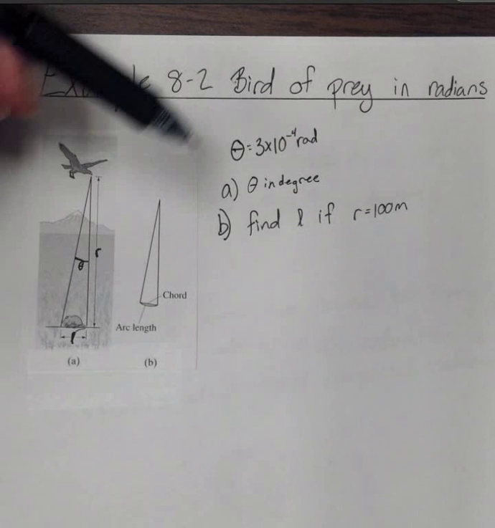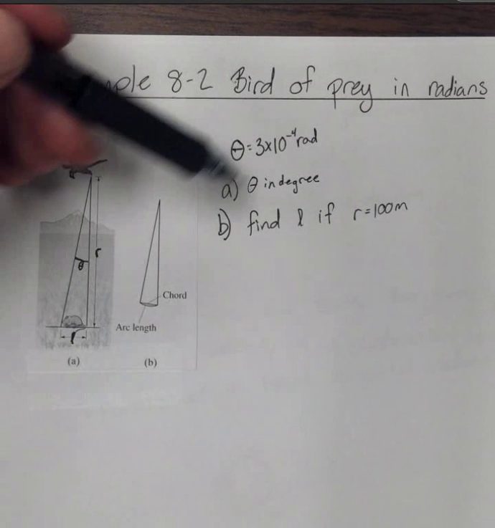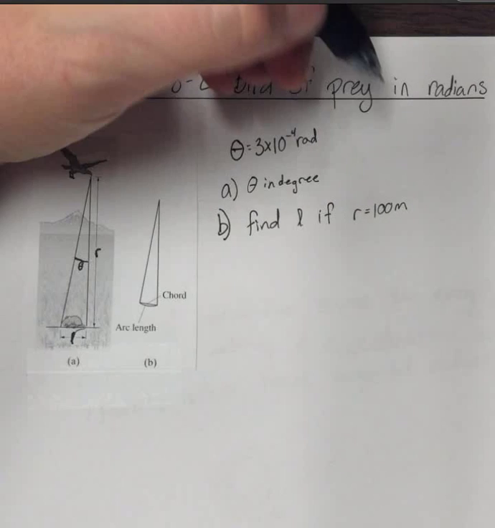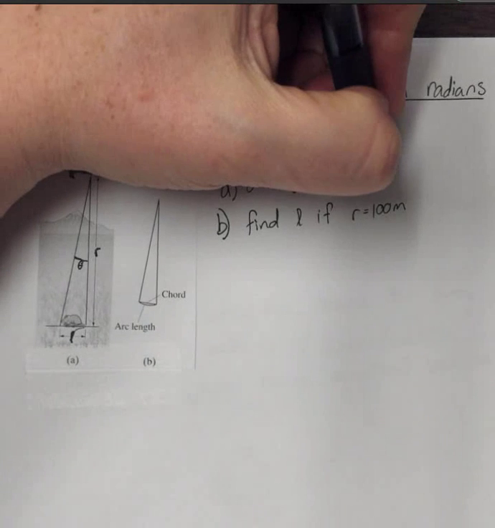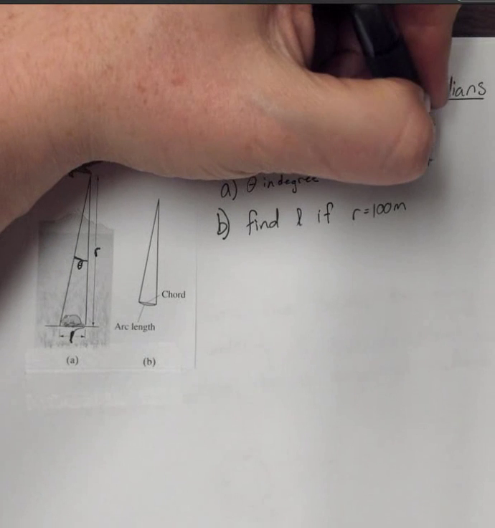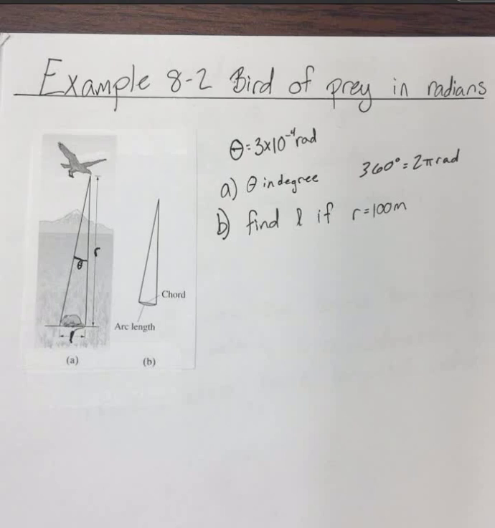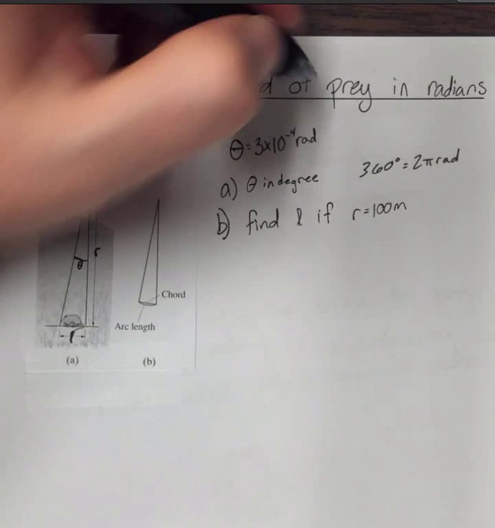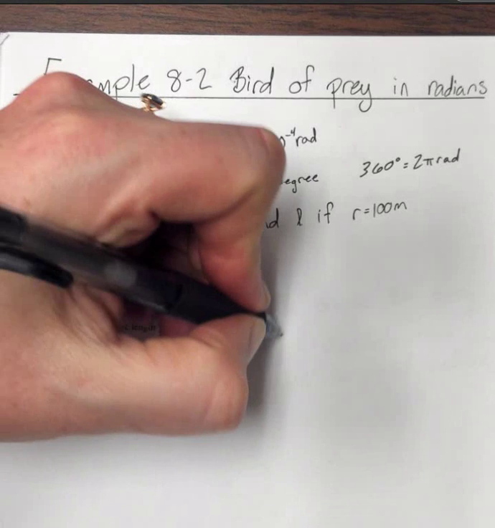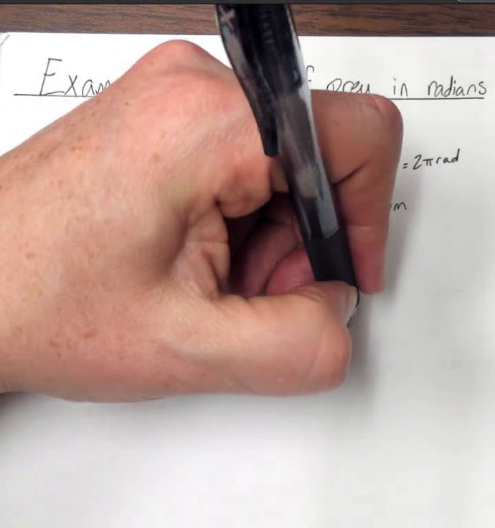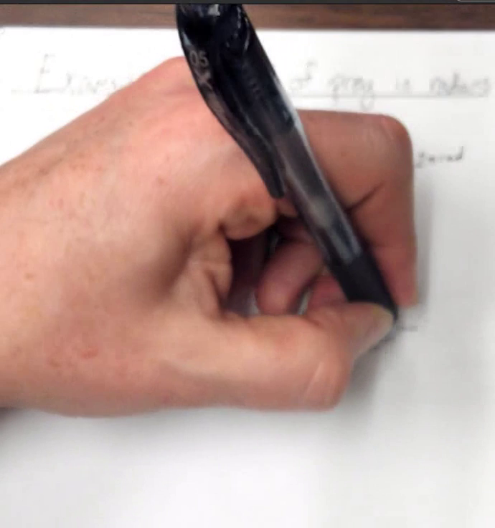So the first thing we want to look at is, what is that number in degrees? Because you're a little bit more familiar with degrees, and you know that 360 degrees equals 2 pi radians. So if I wanted to change 3 times 10 to the negative 4th radians into degrees, I'd have to multiply that by 360 degrees over 2 pi radians.